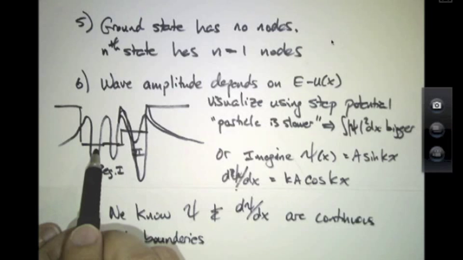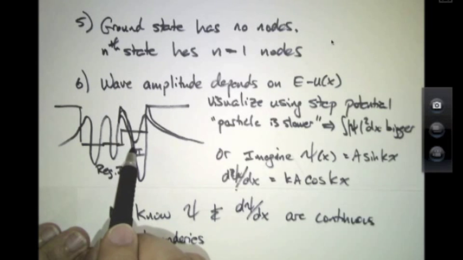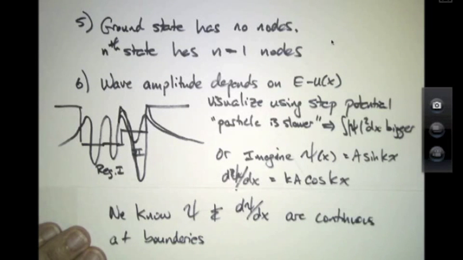So in particular, they would be continuous going from region 1 to region 2. And therefore, the following little mathematical identity is going to hold. If I square and sum, psi squared plus d psi dx quantity squared over k squared equals a squared.